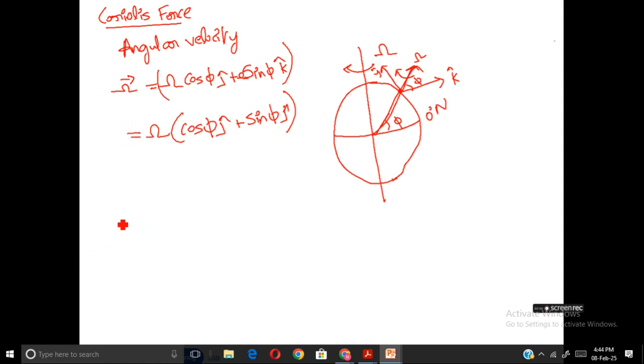So this will be the angular velocity that is acting on an object which is at a latitude phi from the equator. So what is the magnitude of omega? What will be the value of omega?